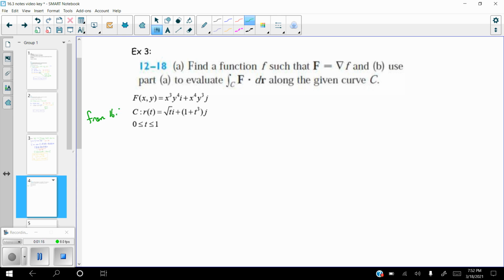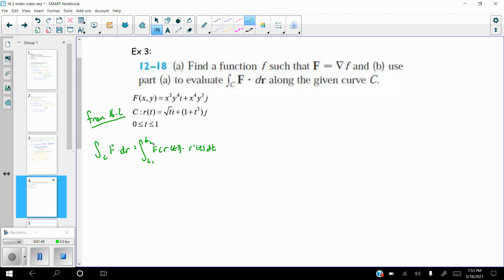From section 16.2, we know that we can do the line integral of F dot dr, which is the same thing as the integral of F of r of t dotted with r prime of t dt, and that would go from t1 to t2.